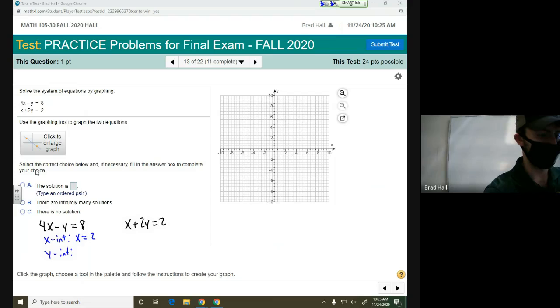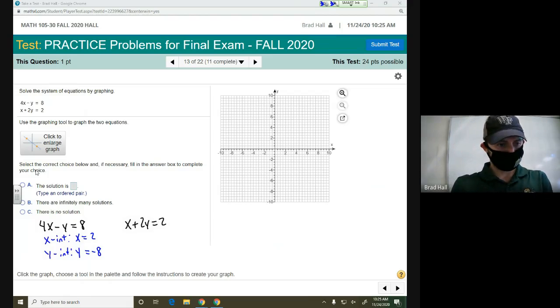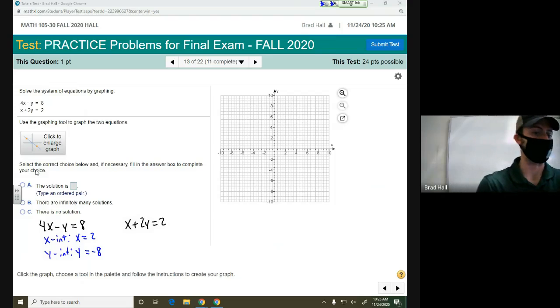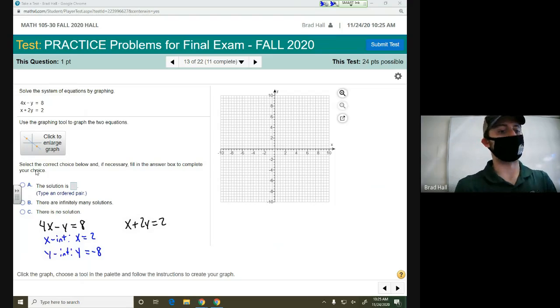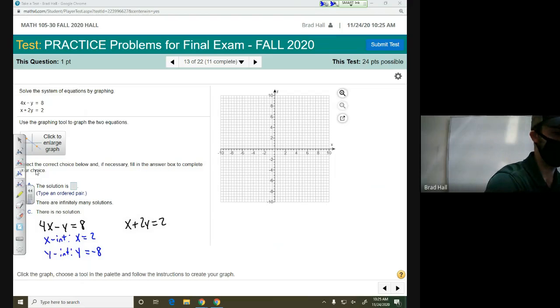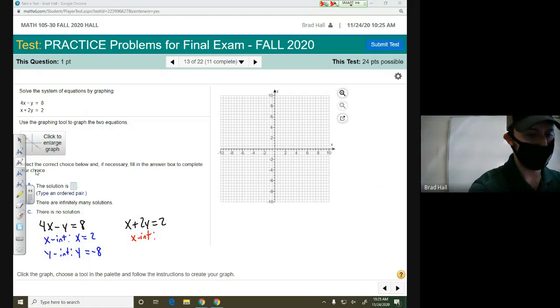For the first equation, x is 2. And y is actually going to be -8. So y is -8, not +8, because negative y is equal to 8. So then y is -8. And then over here, the x-intercept is x is 2. The y-intercept, you end up getting that y is 1.